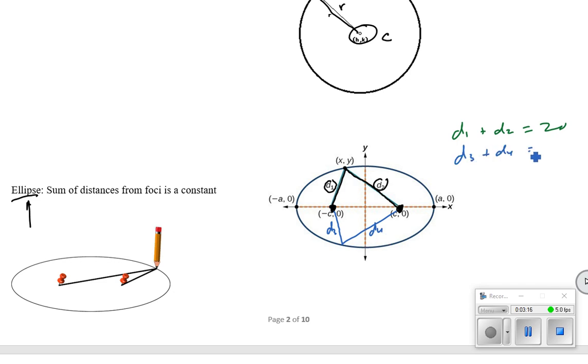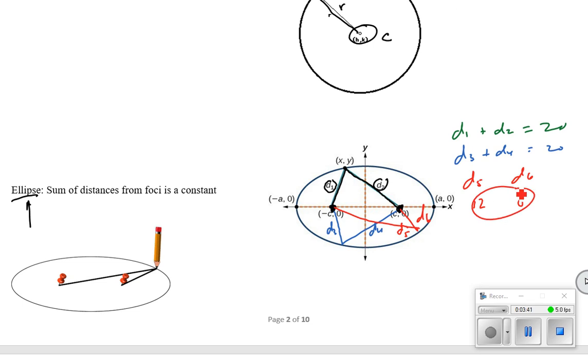Also 20. In fact, how about over here? If D5 is 12, how big must D6 be? 8, because the total has to be 20.